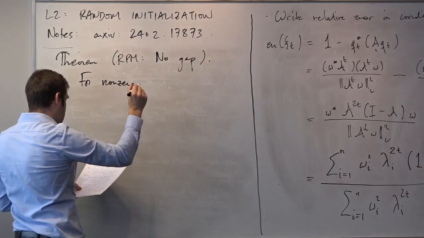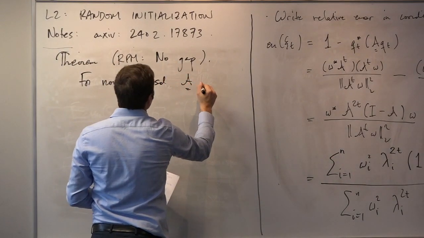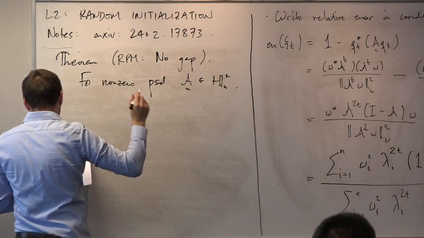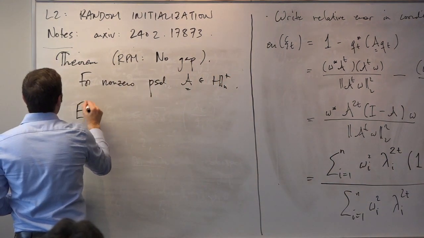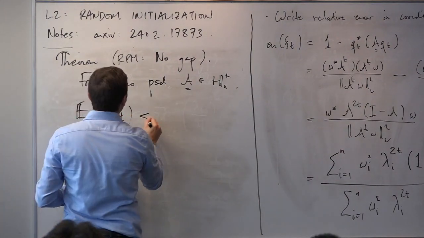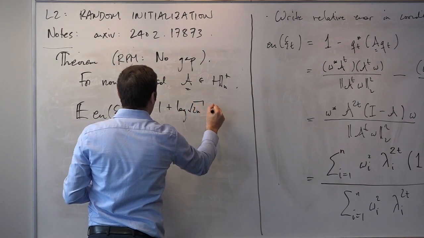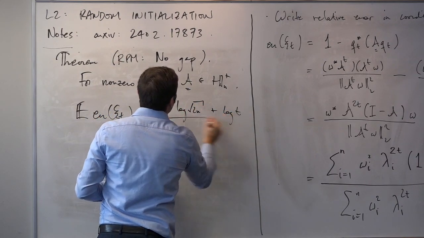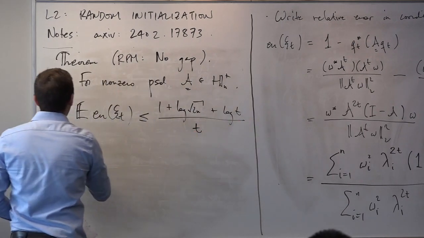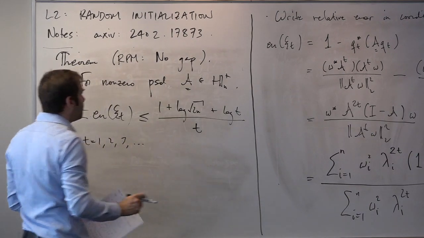So for non-zero PSD matrix A of dimension n, the expected error in the maximum eigenvalue estimate is less than or equal to (1 + log √(2n) + log t) / t for t equals 1, 2, 3, and so forth.